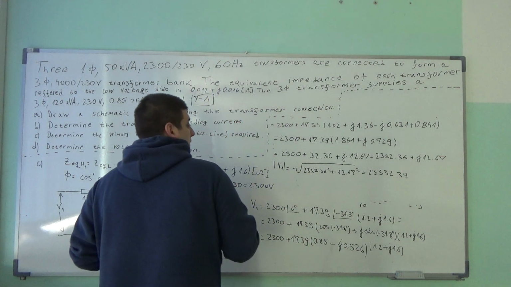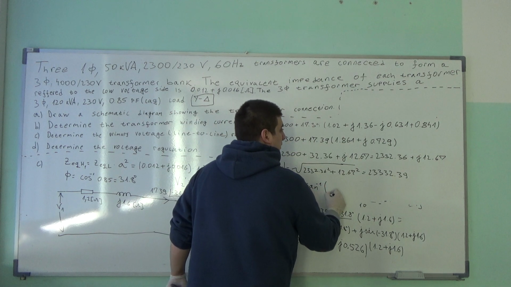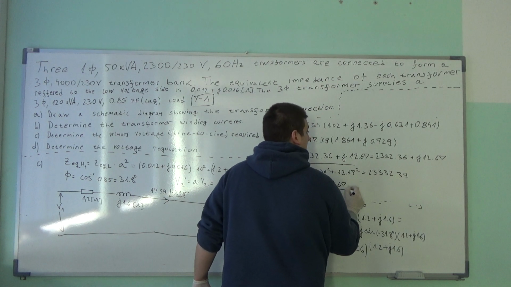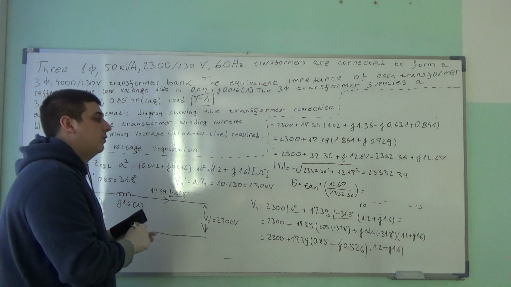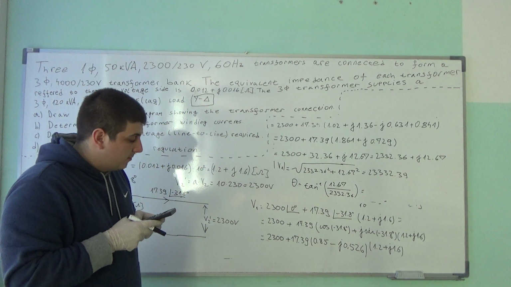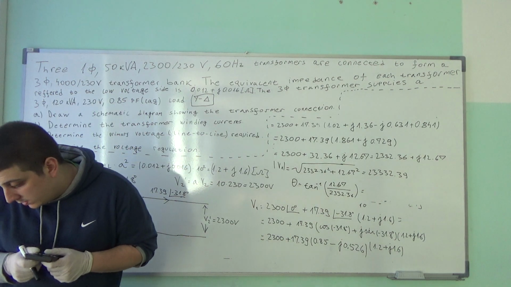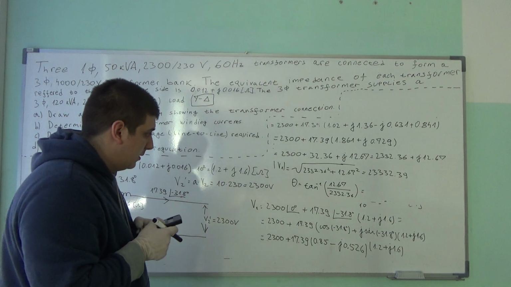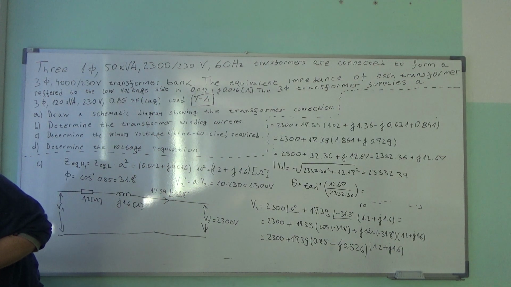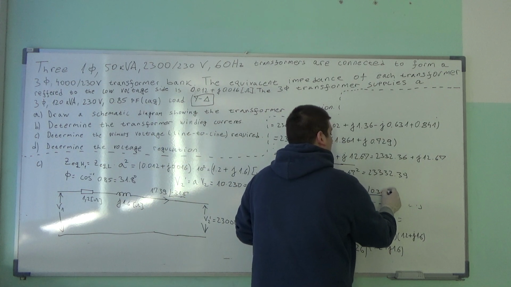And the angle, let's say theta, is equal to the inverse tangent of 12.67 divided by 2332.36, and that is 0.31 degrees.